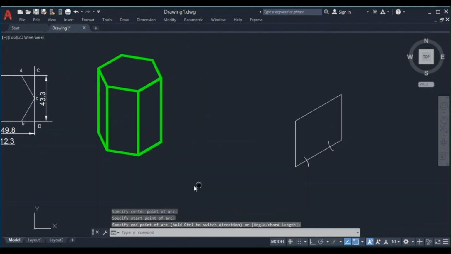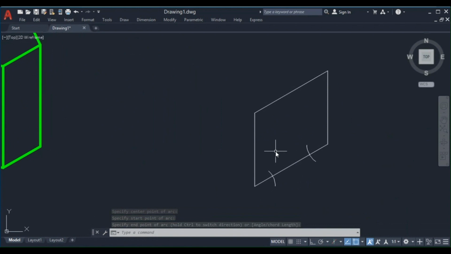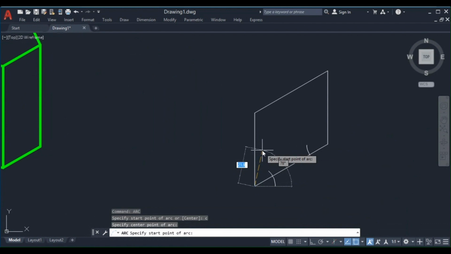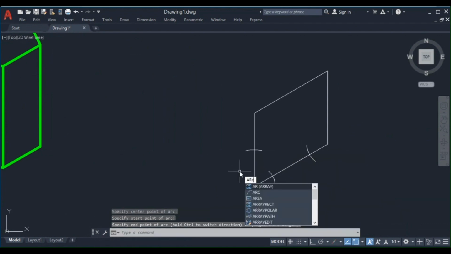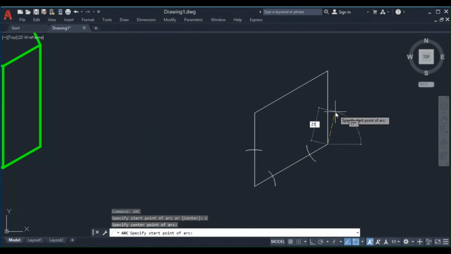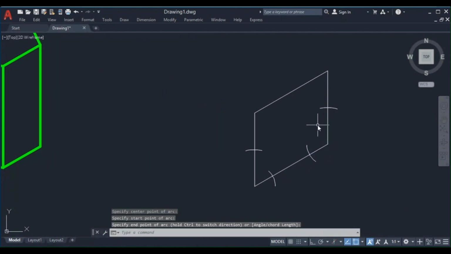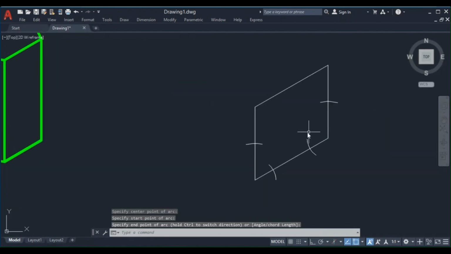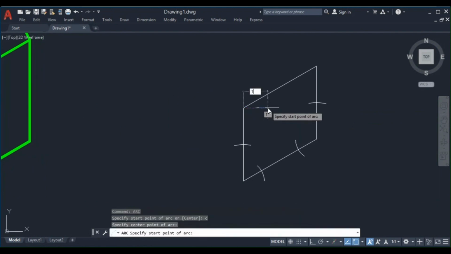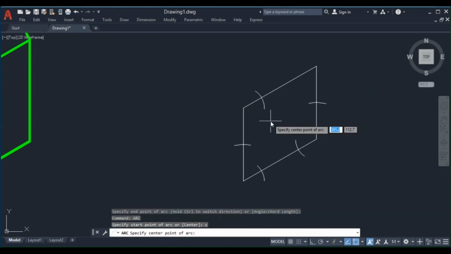And what is this height? 21.7. From here it is 21.7. From here is also 21.7. From there again 12.3, 12.3. And this is also 12.3.